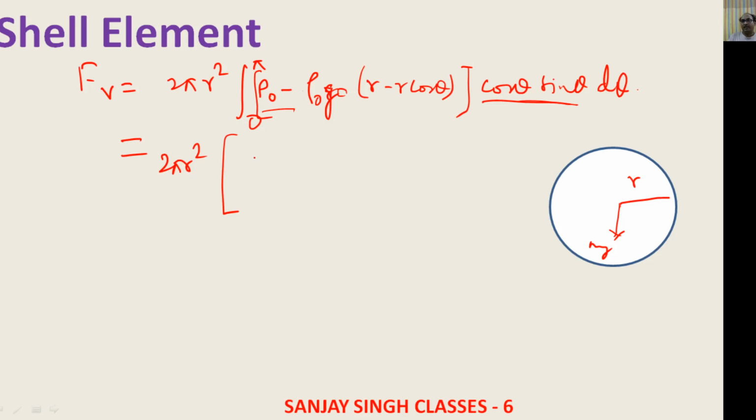So 2 pi r square P0 minus rho 0 g0 r, and this cos theta sin theta.